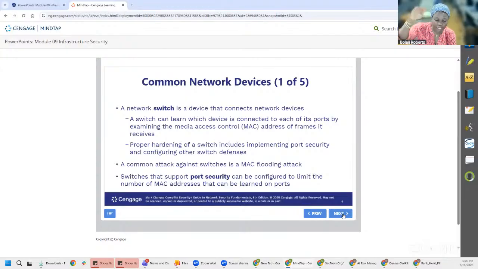Even the access points that you connect to are always placed at the ceiling of the classrooms or hallways, so that if anybody tries to physically access them, they will attract attention. Let's talk about common networking devices, and then we'll talk about how they are being secured, the different kinds of appliances.